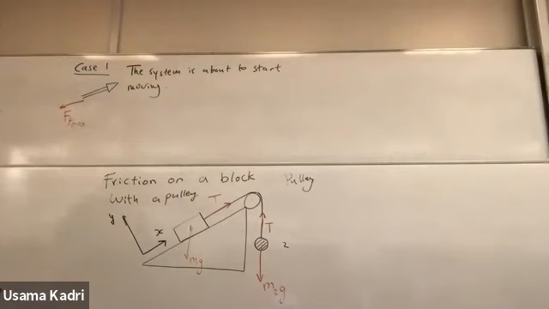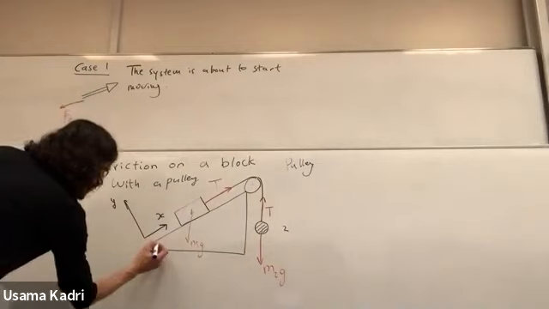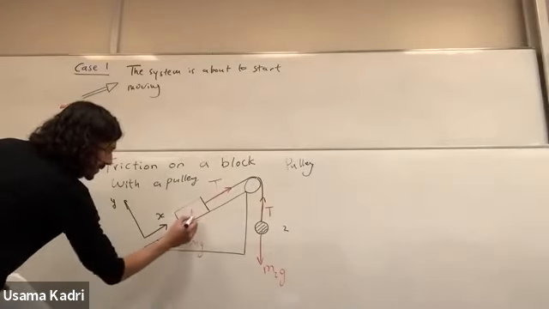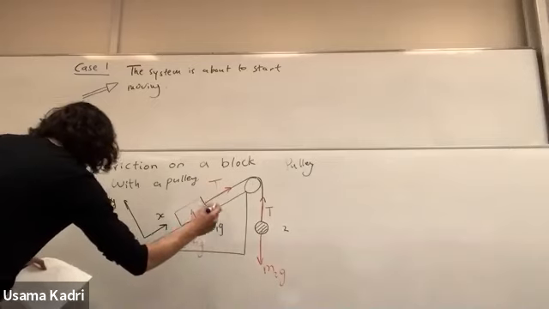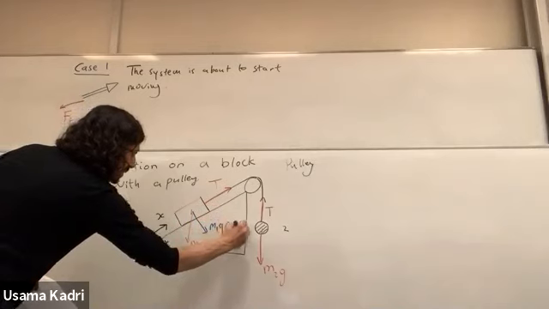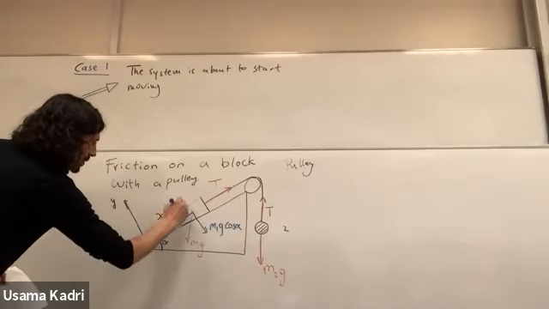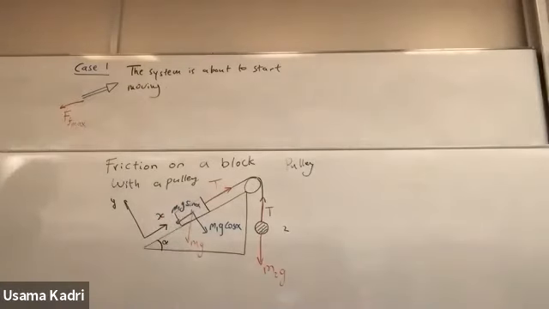We decompose the forces just as we did before. Let's say this is alpha. So in the y direction we have m1g cosine alpha, and here we have m1g sine alpha, just as we did before.